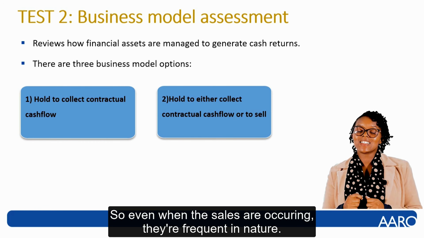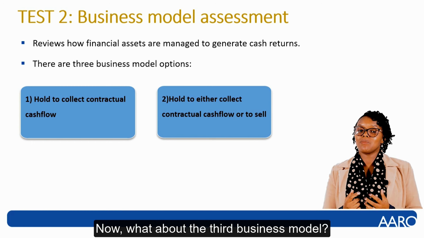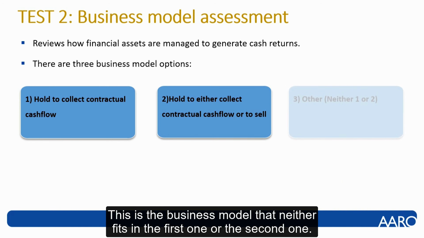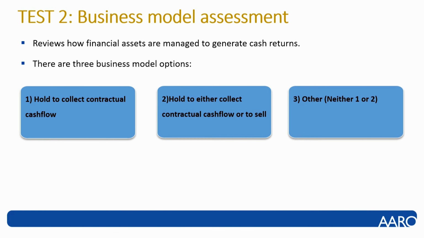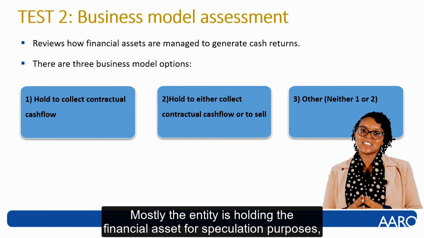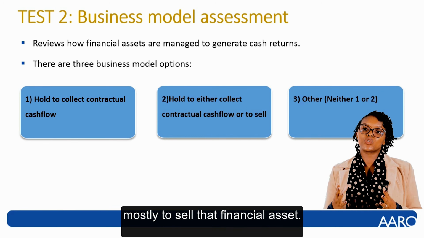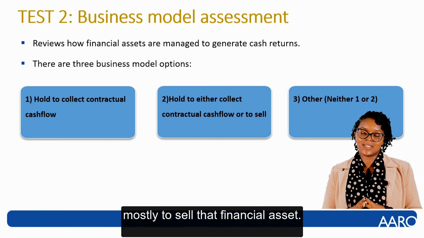So even when the sales are occurring, they are frequent in nature. Now, what about the third business model? This is the business model that neither fits in the first one or the second one. Mostly, the entity is holding the financial asset for speculation purposes, mostly to sell that financial asset.